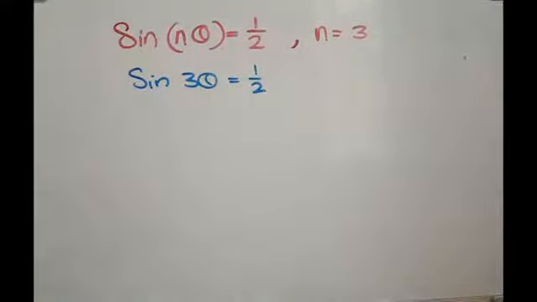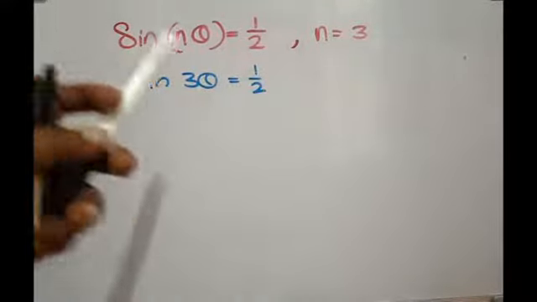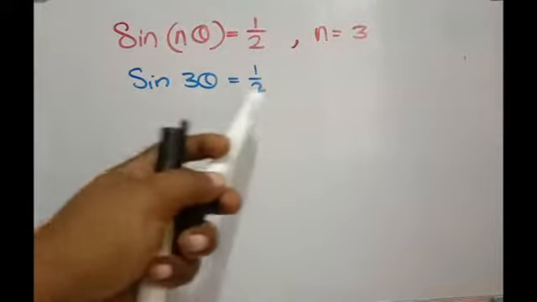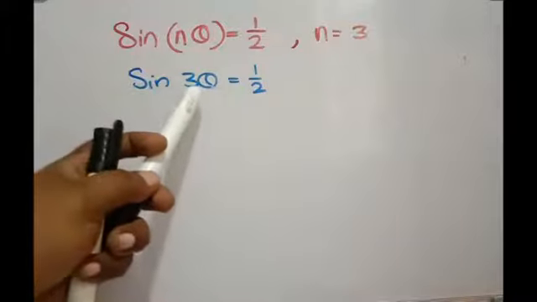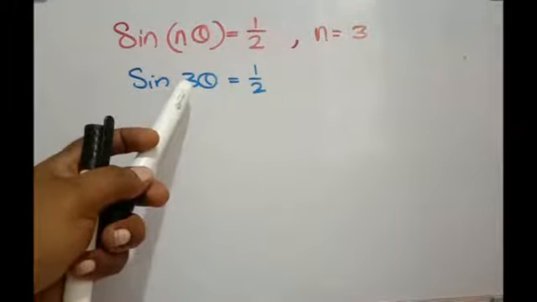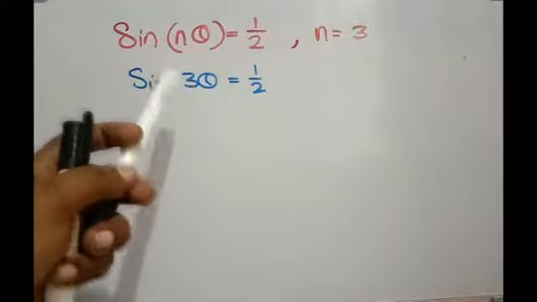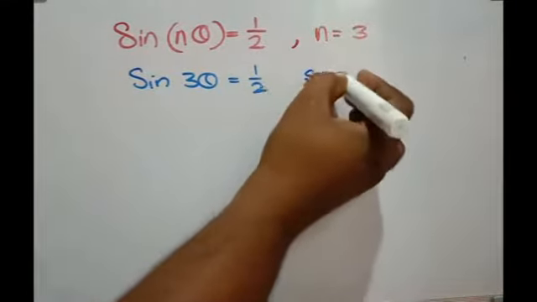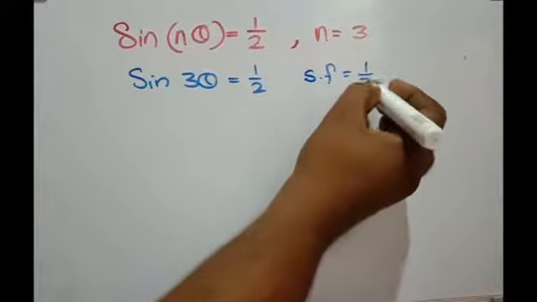It gives us an idea that there is a stretch on the x-axis, or a horizontal stretch, because it is sine 3 theta, isn't it? So we can say there is a horizontal stretch with a stretch factor 1 by 3.